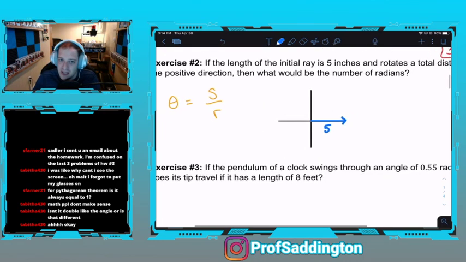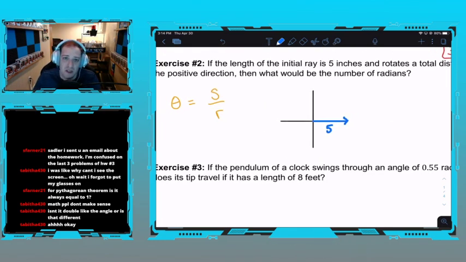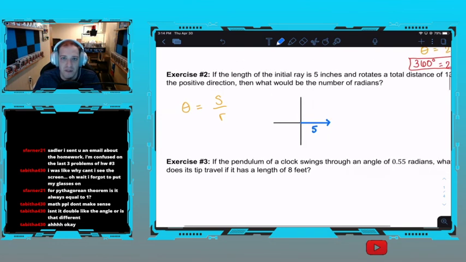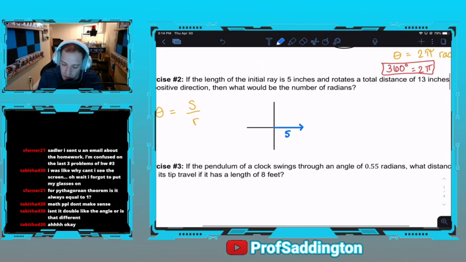It's not exactly like what we did the other day because we're not necessarily working with a unit circle this time. Nowhere in this problem does it say we have a unit circle. They're giving us actual dimensions. So we're starting with 5, and it says that we're rotating a total of 13 inches.